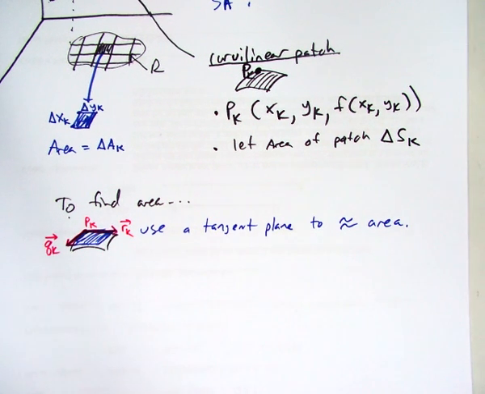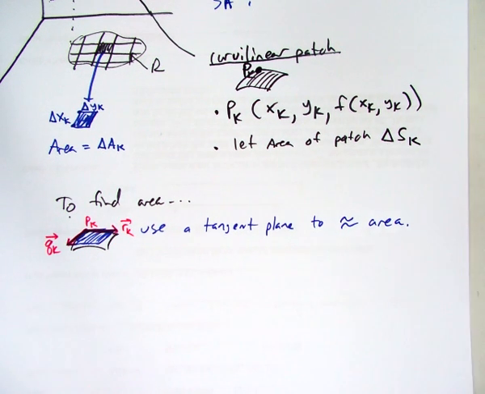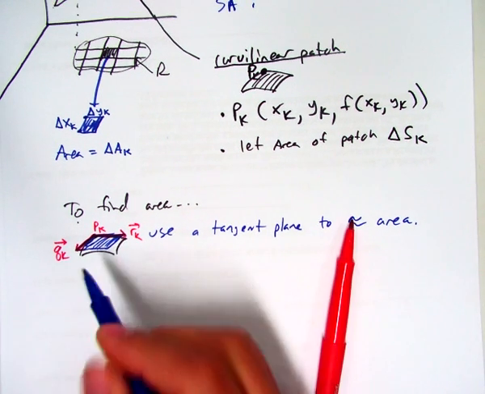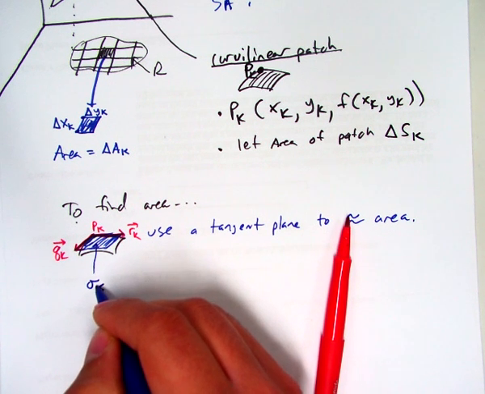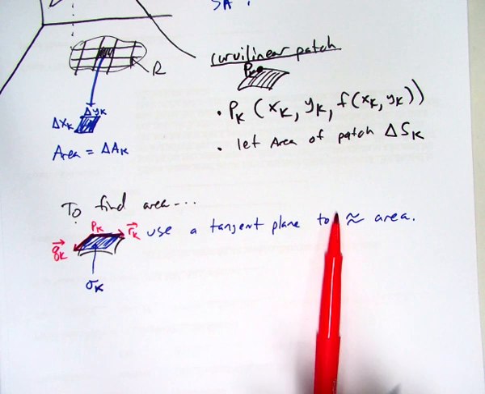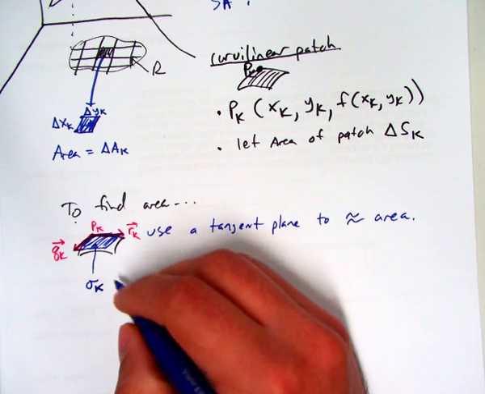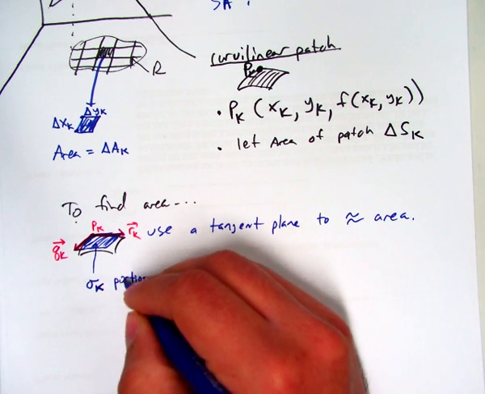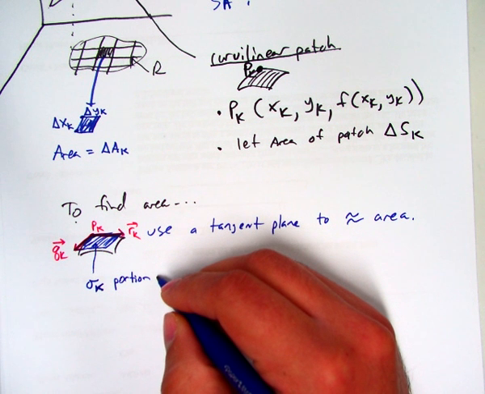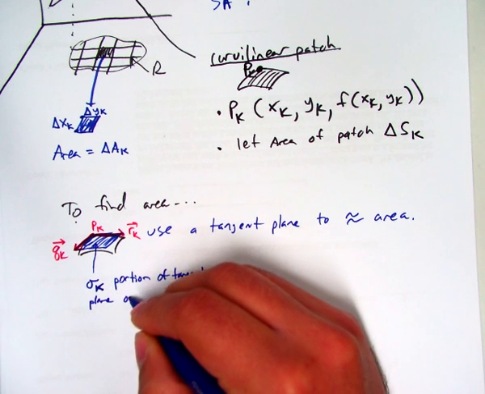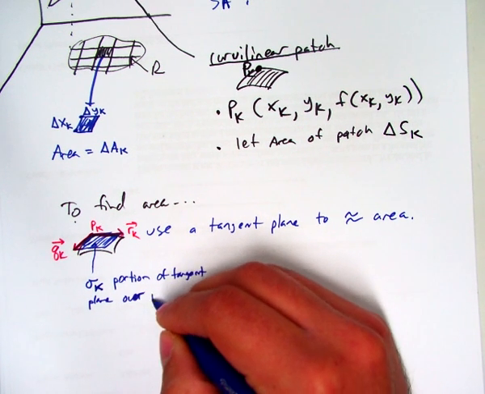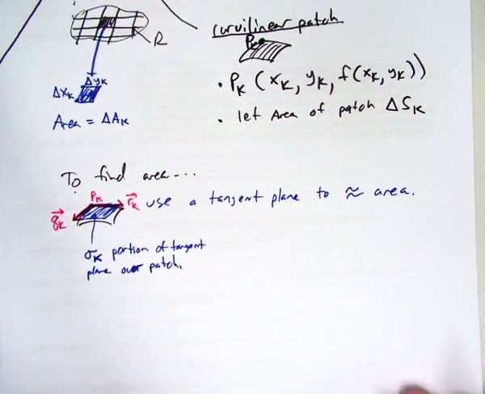Okay, we're going to call this little tangent plane sigma sub k. So this is the portion of the tangent plane over the patch. So we got a lot of stuff going on here.